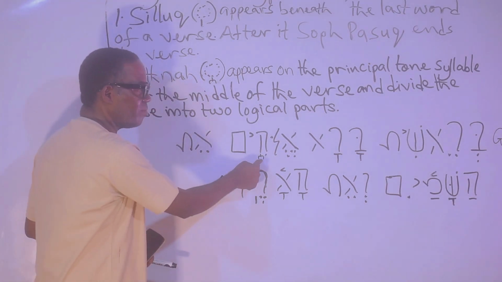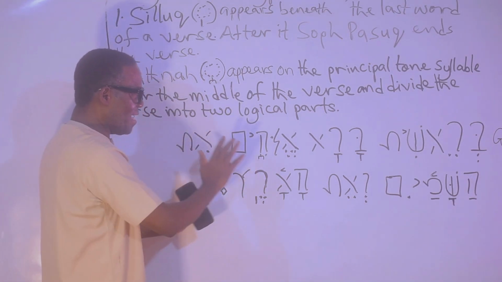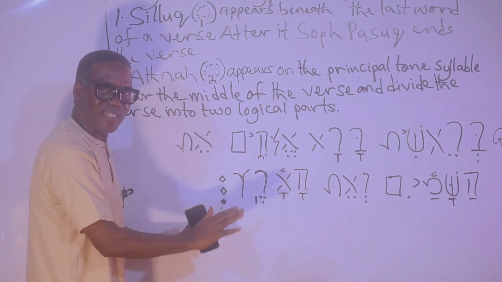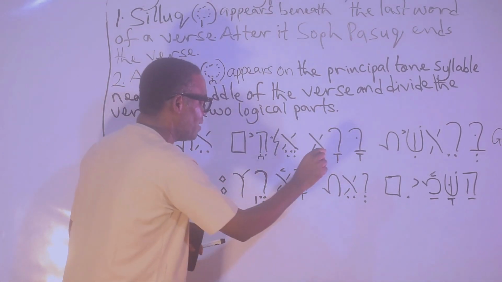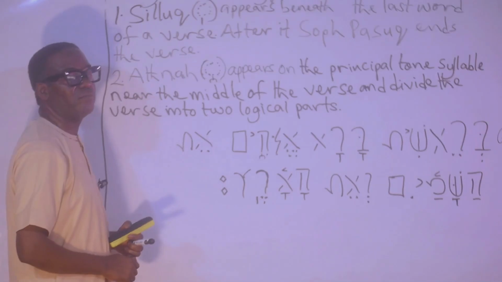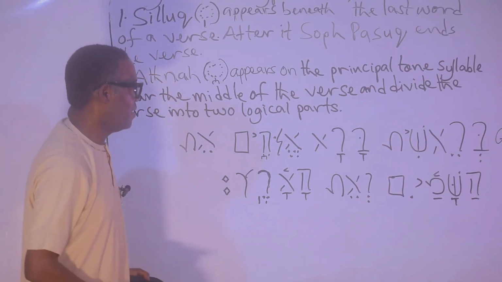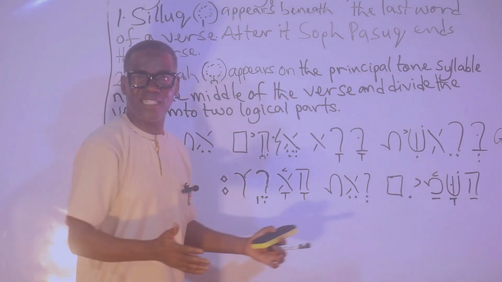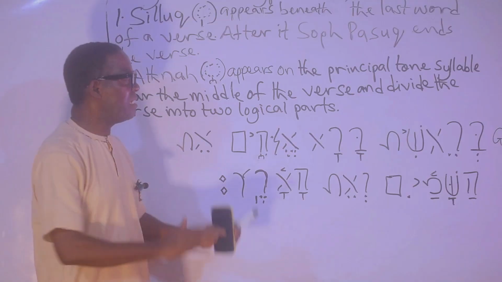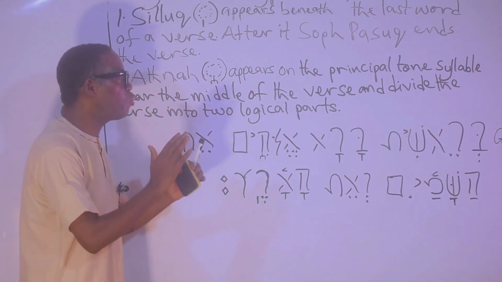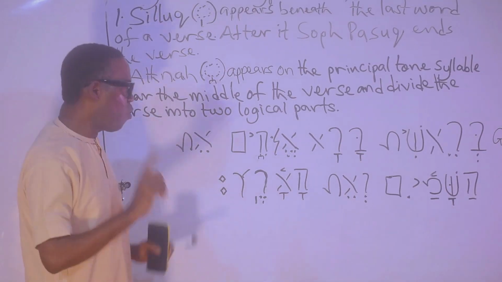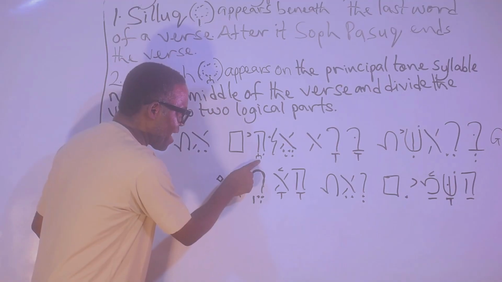Atna appears here. It has divided the verse into two. In the beginning, God created. Then the last part, the heavens and the earth, is logical. That is the work of Atna, and this is it here.